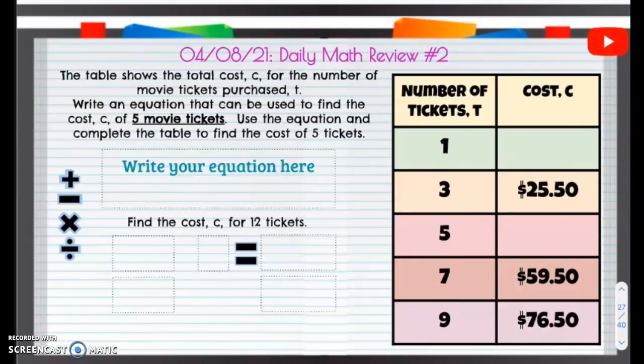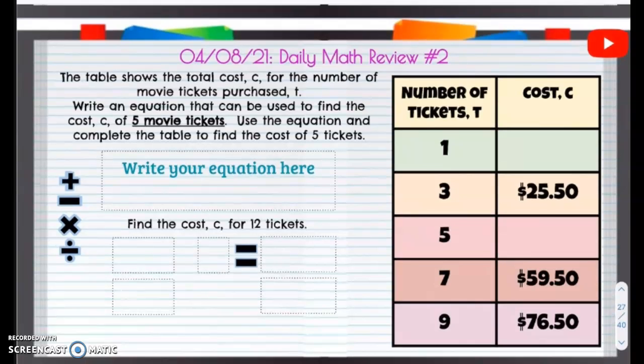So if we go from $25.50 and we divide that by 3, how are we going to figure out what that's going to be? So if we do $25.50 and divide that by 3, we get $8.50.